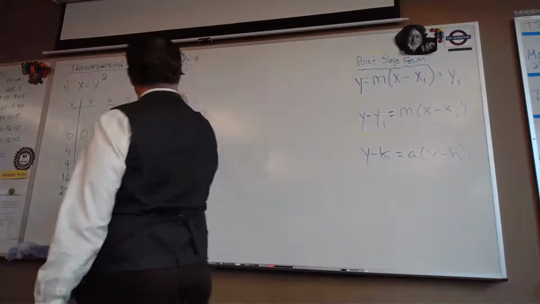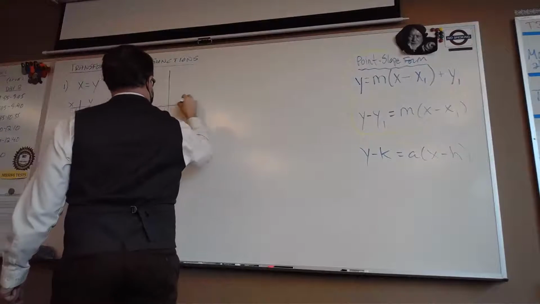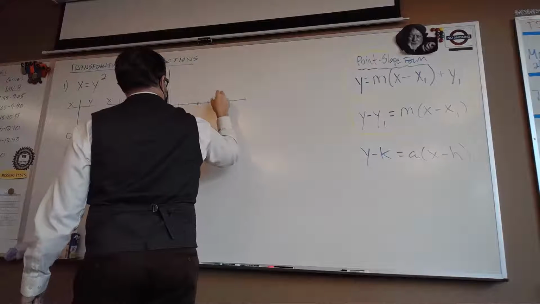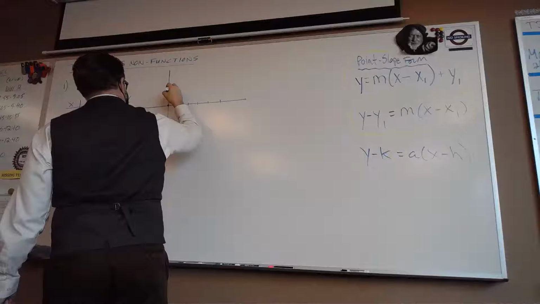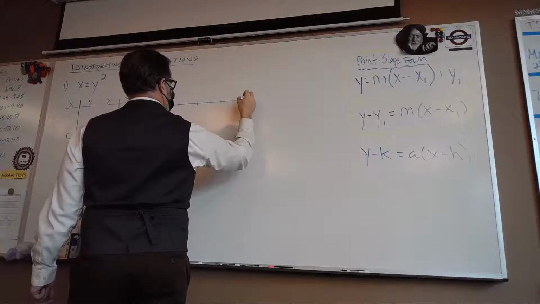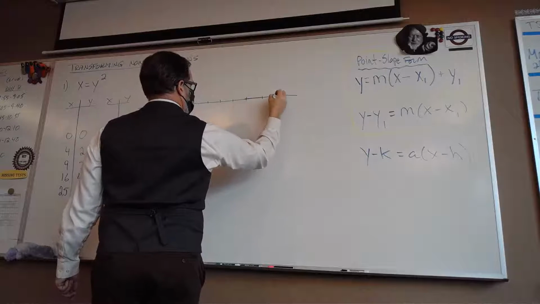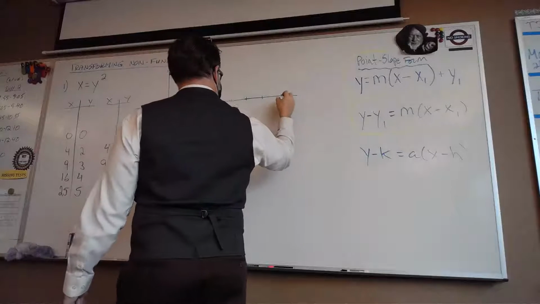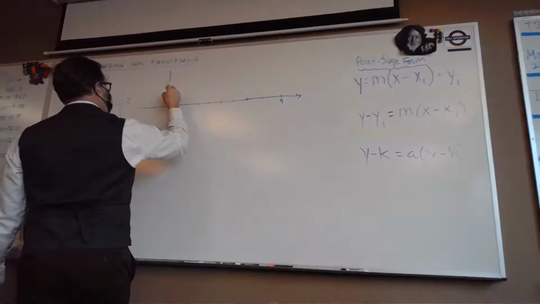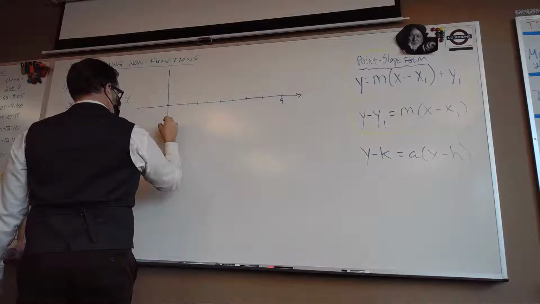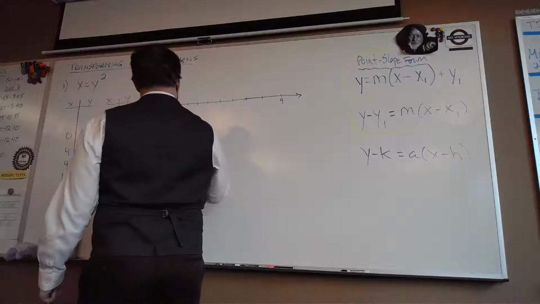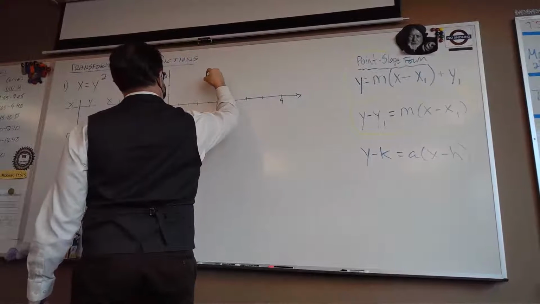So let's graph this. Here we go. 0, 0. I'm only going to go to 9, because then the graph gets too big. 4, 2.